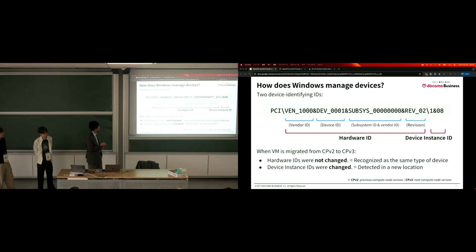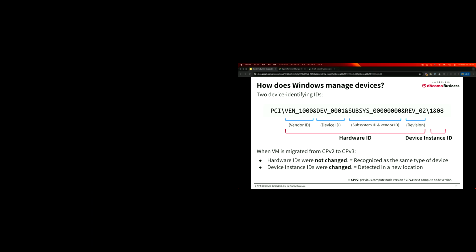The other is the device instance ID, which is derived from information reported by the bus driver, such as bus ID or slot number, to specify the device's location. In case 2, a post-reboot analysis revealed the following.